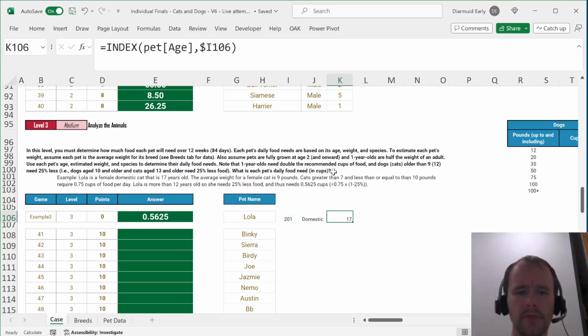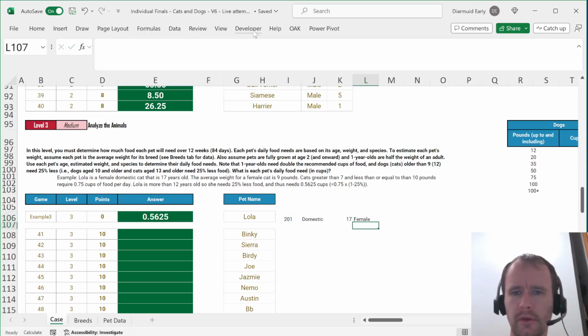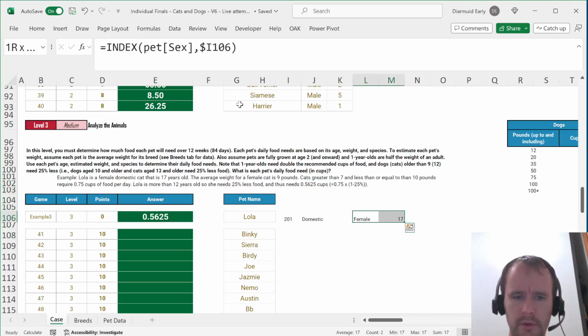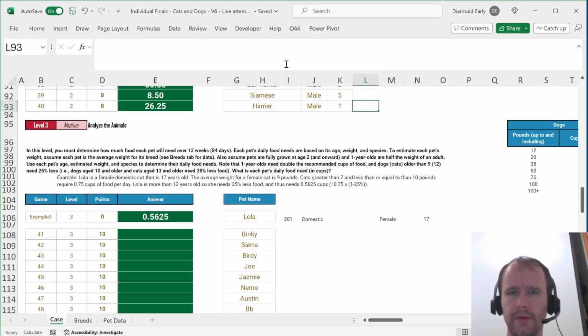I need gender. It's called sex. Okay. So let's put these in the same order as they are up there, and then I'll be able to get the weight for that. So that's in G's, then 3 columns over for the next one. Domestic, 1, 2. Put it over there. And should be able to put this here.